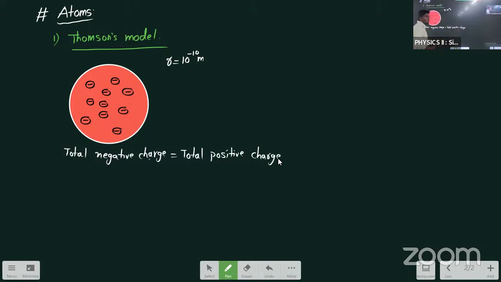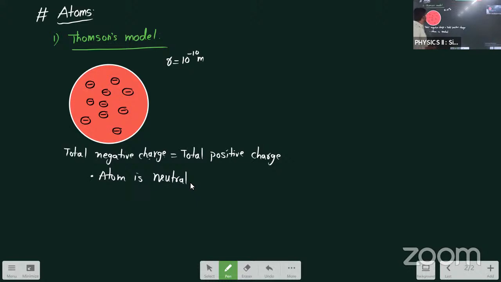This was the information given by Thomson. Since total negative charge equals total positive charge, we can say that the atom is neutral.